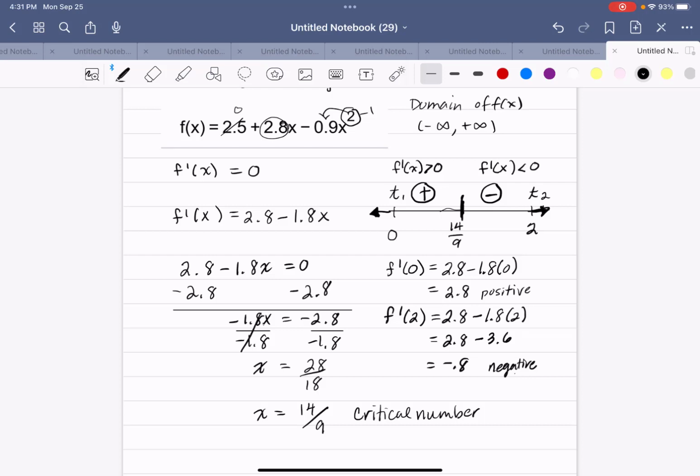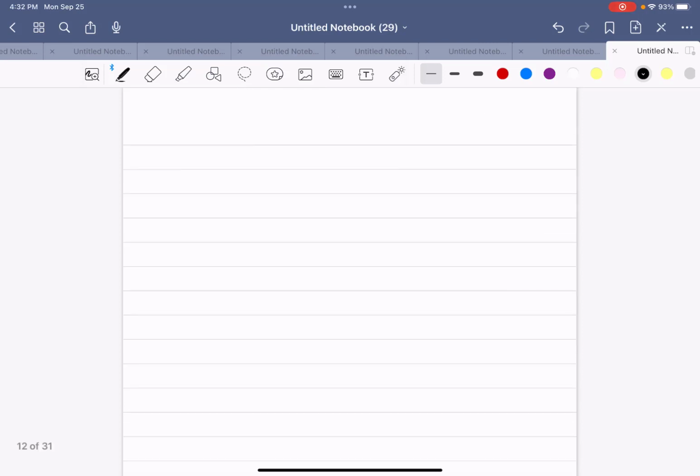So let's talk about what that tells us. When f prime of x is less than 0, that means the slope of the tangent is negative.